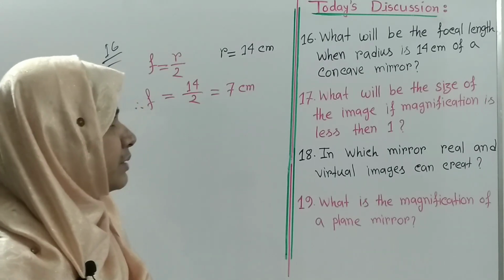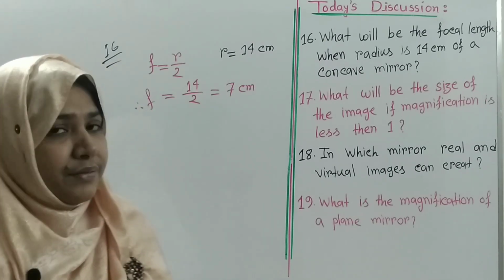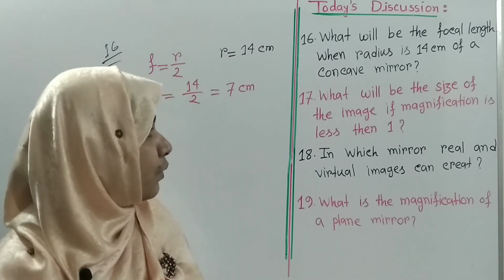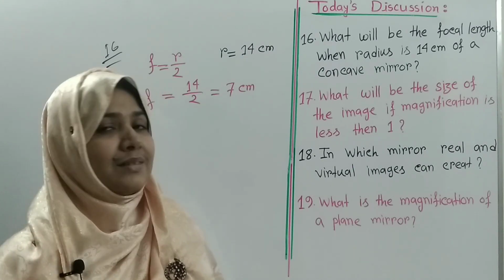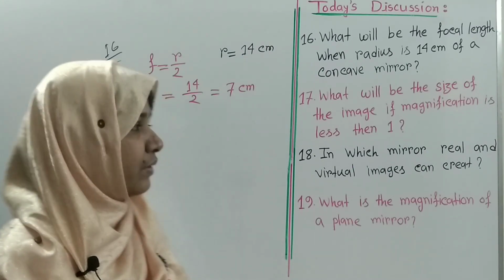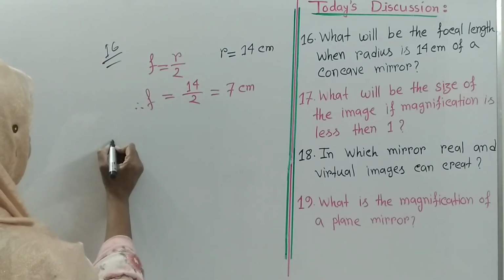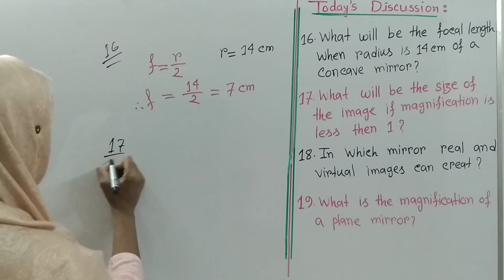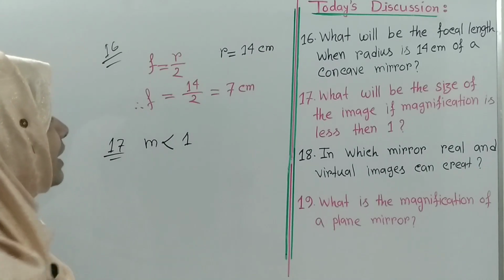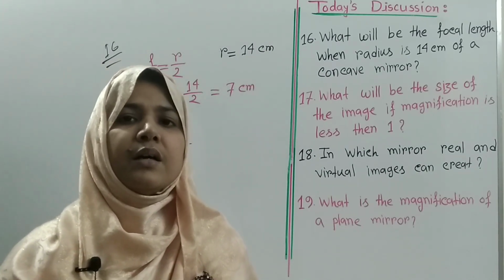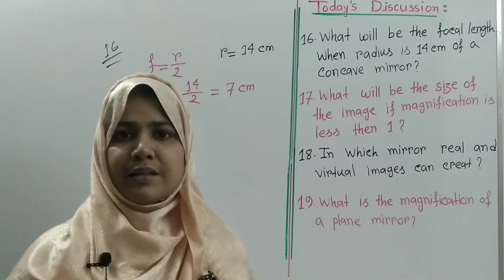Now, question number 17, and the question is, what will be the size of the image if magnification is less than 1? Magnification less than 1, that means the value of m is less than 1, and it indicates the size of the image will be smaller than the object.